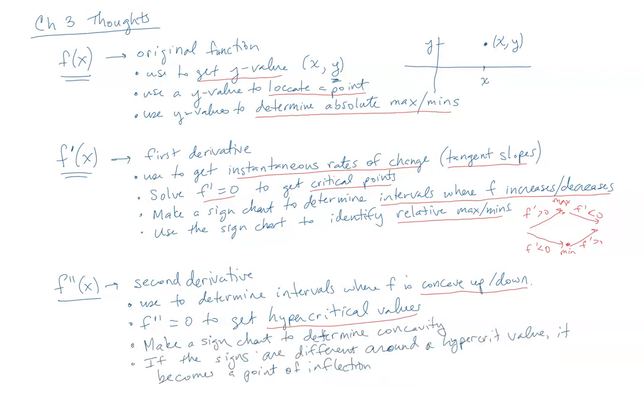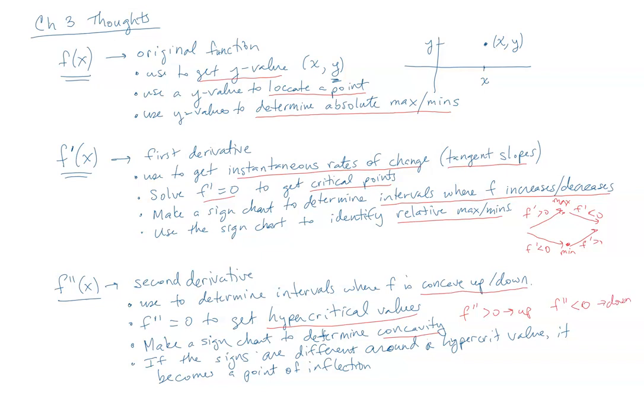Okay, so second derivative gives hypercritical values. Then we can make a sign chart like above, but this time to determine concavity. A positive second derivative is concave up, and a negative second derivative is concave down.